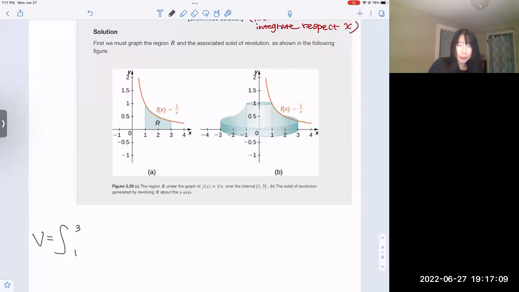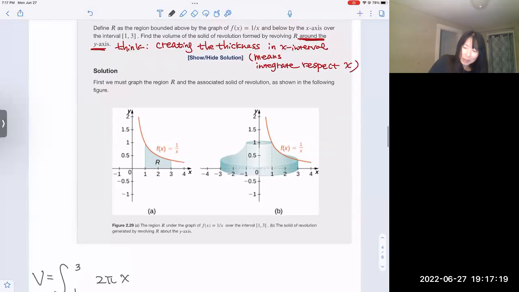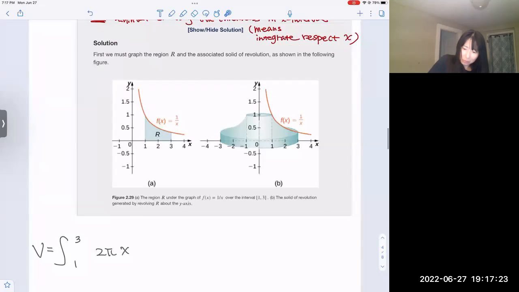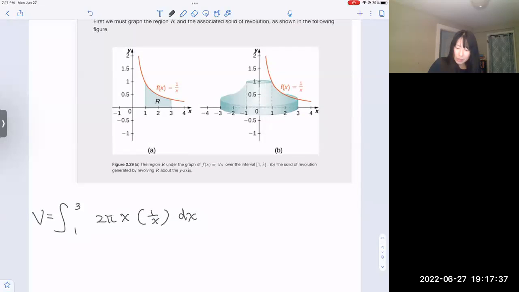Now 2 pi, the radius, x, and then the function will be the height, which is 1 over x, and the thickness, which is dx, right? Then the integration is easy.